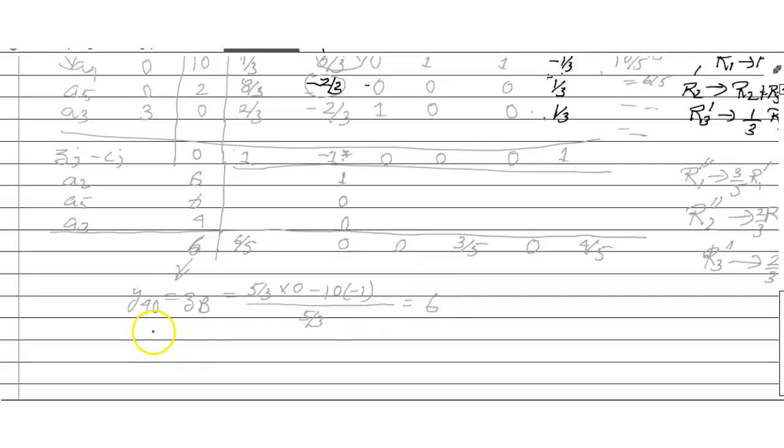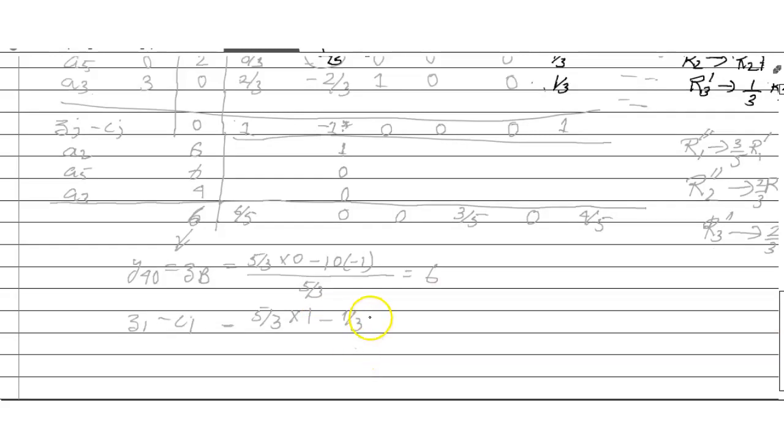Similarly, Z1 minus C1 is coming 5 by 3 into 1 minus 1 by 3 into minus 1 divided by 5 by 3 equals 6 by 5. This way I get in here 6 by 5.